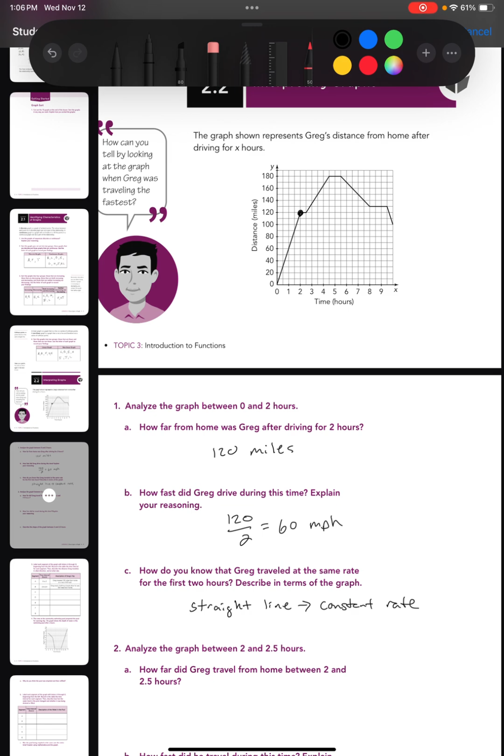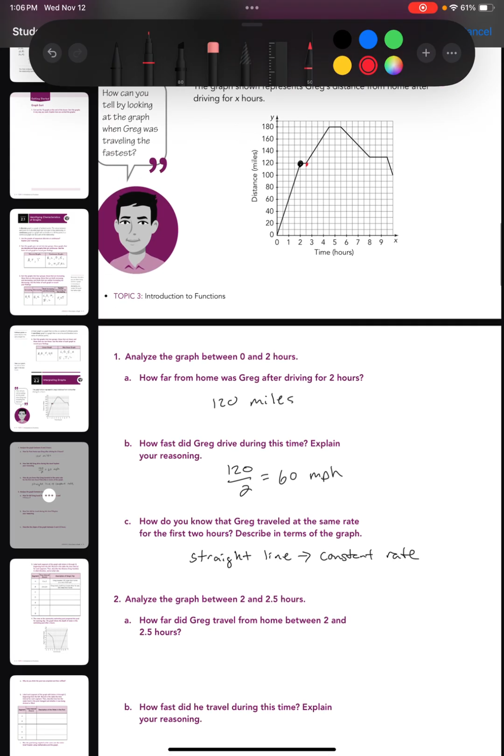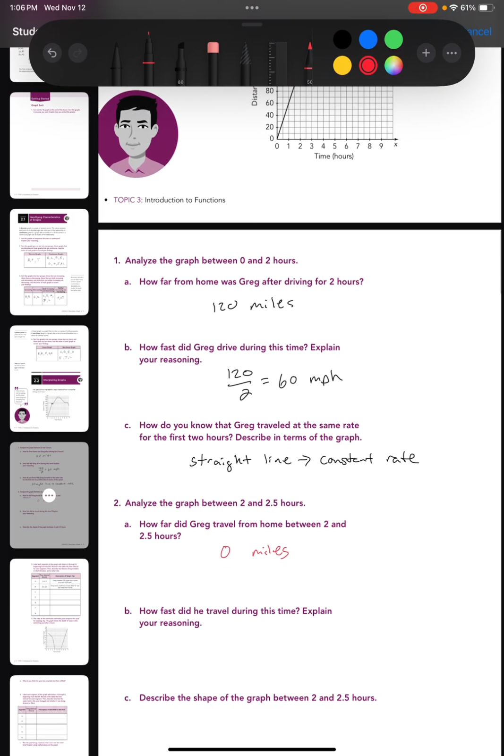Okay, now it wants to know how far did Greg travel from home between 2 and 2.5 hours. So here's 2.5. So the distance didn't change. So in that time period, he went 0 miles. So if he went 0 miles, how fast was he traveling? He was traveling 0 miles per hour. He wasn't going anywhere.